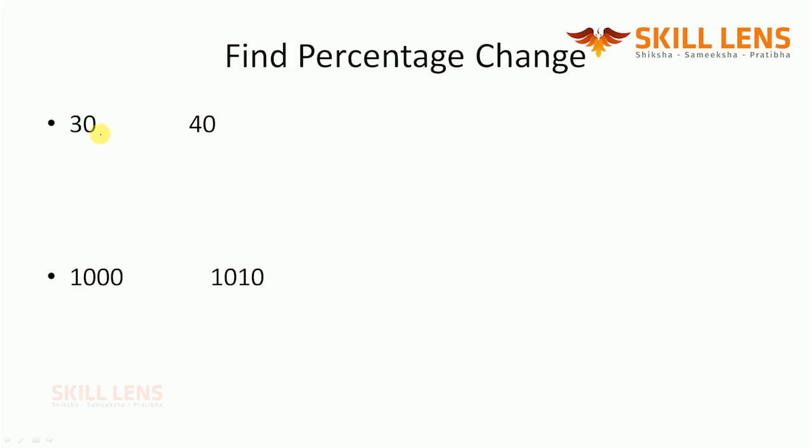No. Okay, if I ask you 30 to 40, the change is what, guys? 10. So how much percentage is the change? Okay, how many rupees is the change? 10 rupees is the change. 10 rupees is changed from what? 30.